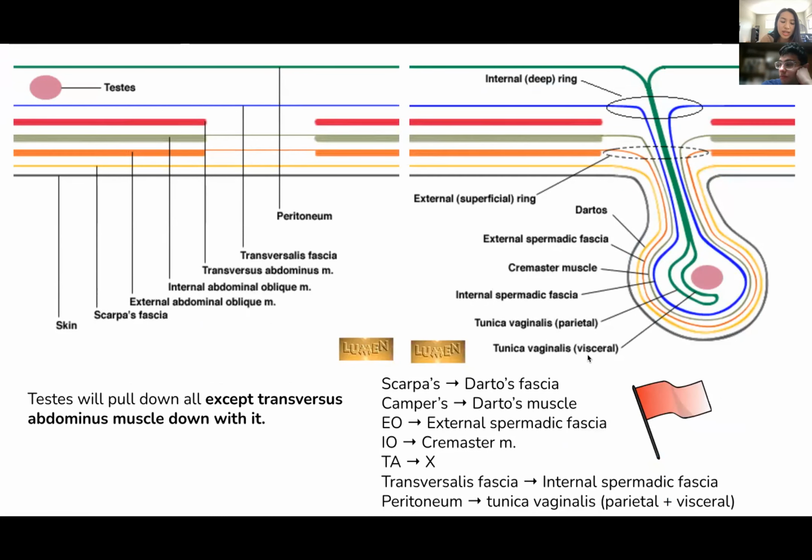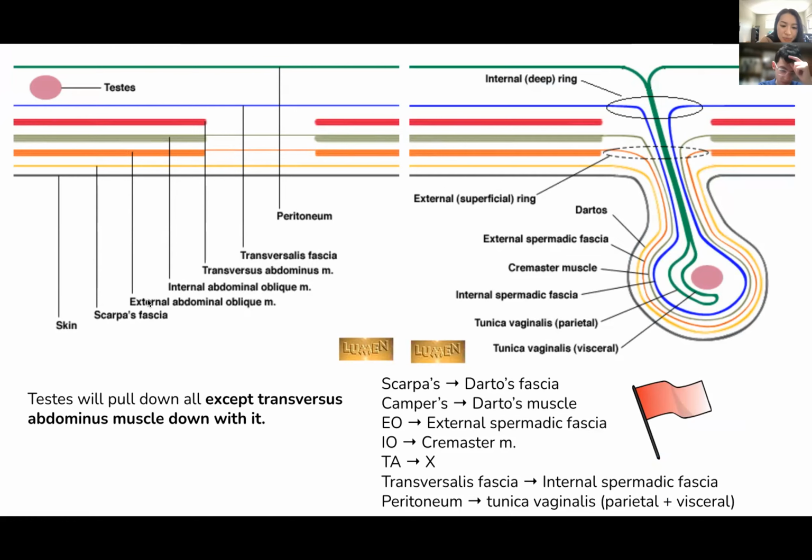So like I said, learn the abdominal wall and then learn what it turns into. So the Scarpa's fascia turns into the dartos fascia. The subcutaneous fat and fascia will turn into the dartos muscle.